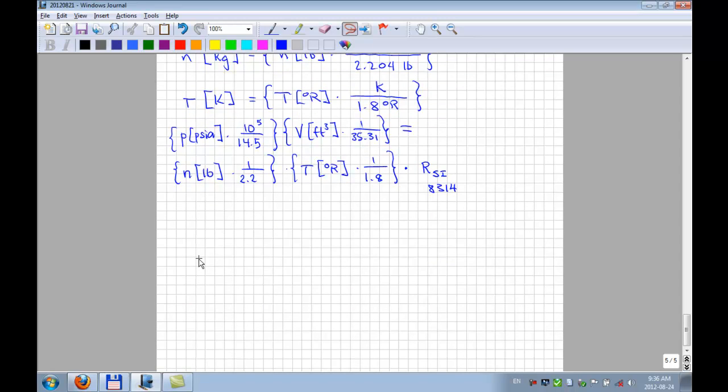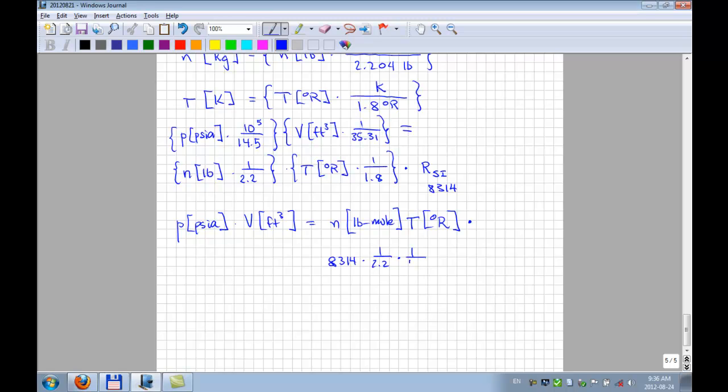So then we can simply write this as pressure in PSIA input times volume input in cubic feet is equal to pound moles and temperature, degrees Rankine. And then we collect all these terms on the right, which is 8314. We've got the 1 over 2.204.